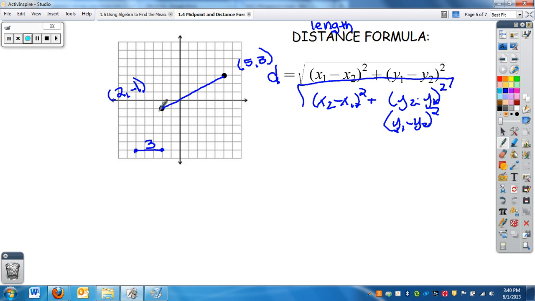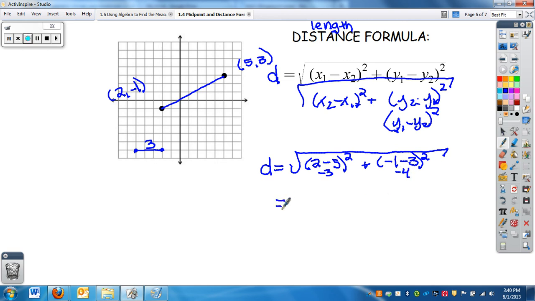Alright, so let's do the one we have right here with these two coordinates. So I want to find my distance. It's going to be square root, and everything's under the square root, so this is going to be last. So I have 2 minus 5, and I'm going to square that, plus negative 1 minus 3 squared. Again, the order doesn't matter as long as these are both y's and these are both x's. I'm going to do some math in my head. I have negative 3 here, negative 4 here.